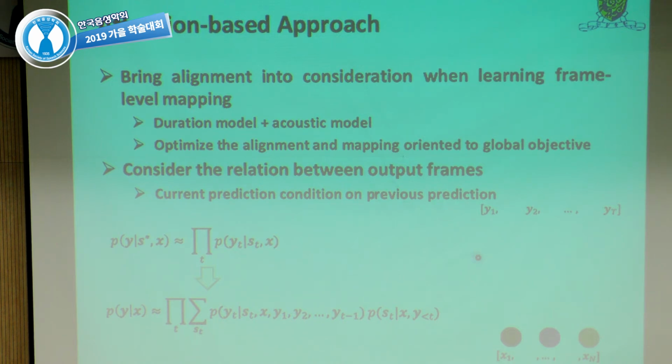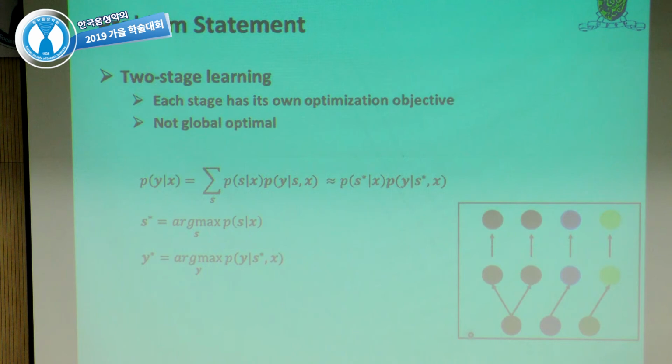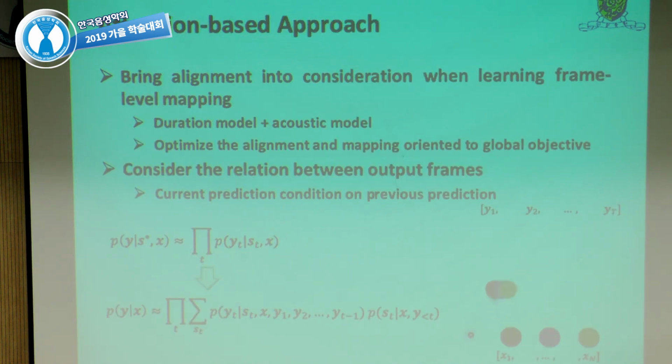The attention mechanism can play such a role, bringing the alignment model and the acoustic model together. For example, if we have such an input linguistic sequence, we predict how much attention should be paid to each step of this linguistic sequence.